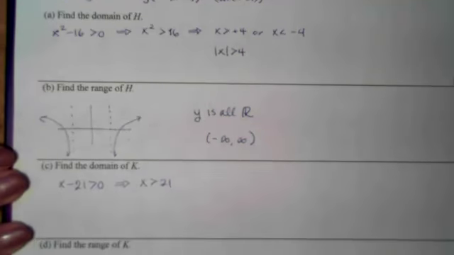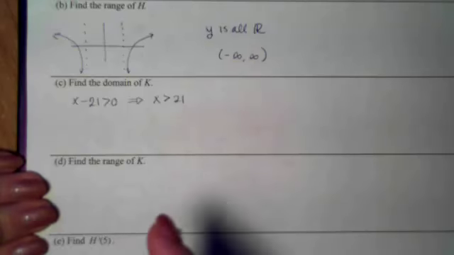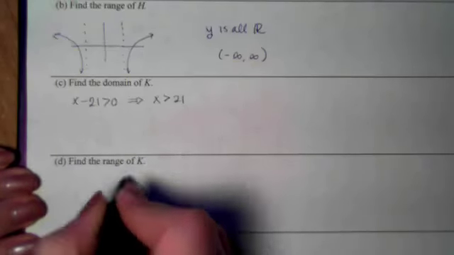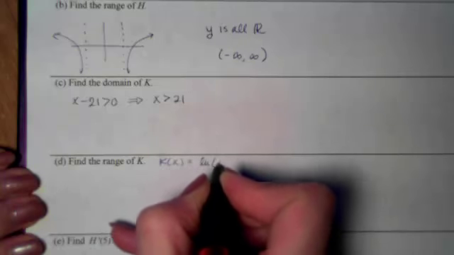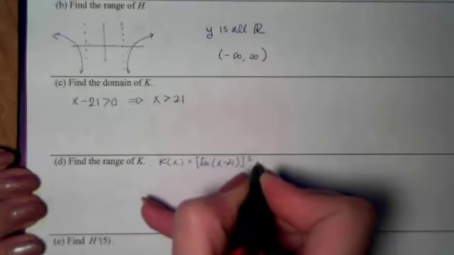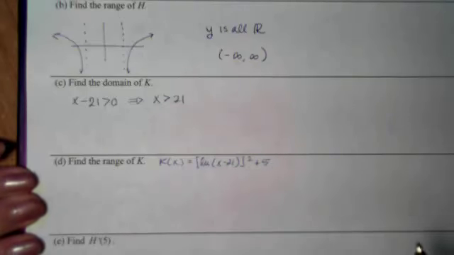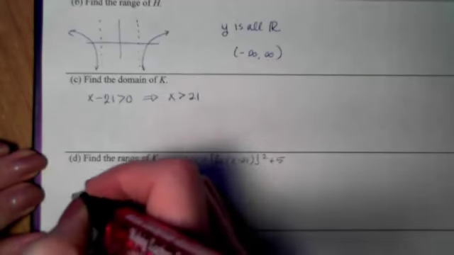Part D, we want the range of k. So this is where it's important that you understand how graphing works. So if we look at k again, let's recall that it was the log natural of an x minus 21, and then we squared that, and then we added 5. So I'm going to walk through this graphically for you so that you can see where it comes from.